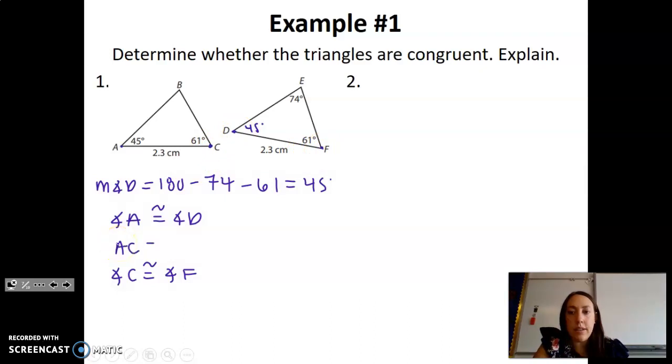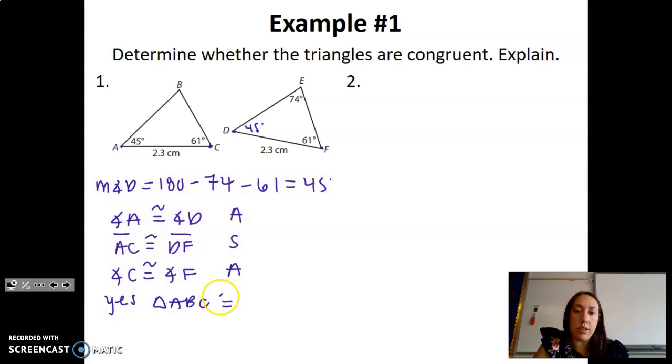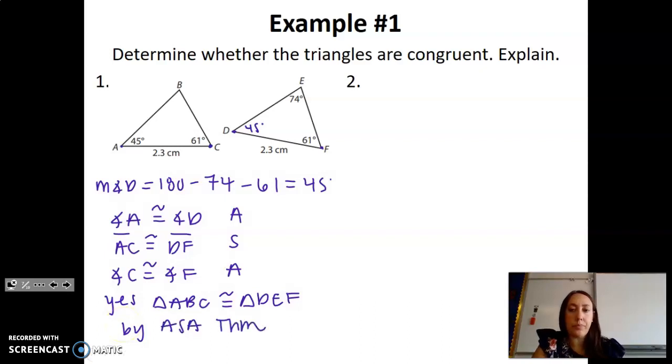Side AC is congruent to side DF. So you can see we have angle, the included side, and another angle. So our answer would be yes. Triangle ABC is congruent to triangle DEF by the angle, side, angle theorem.